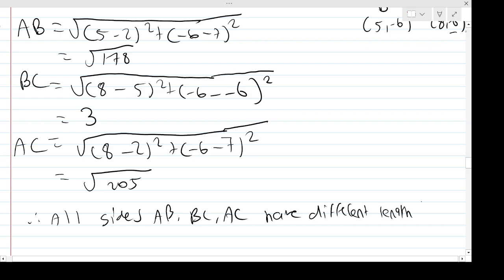Therefore it must be a scalene triangle. So triangle ABC is a scalene triangle, as all sides are different, because that's the defining property of a scalene triangle: all 3 sides are different. Okay, that's not too bad, I guess.